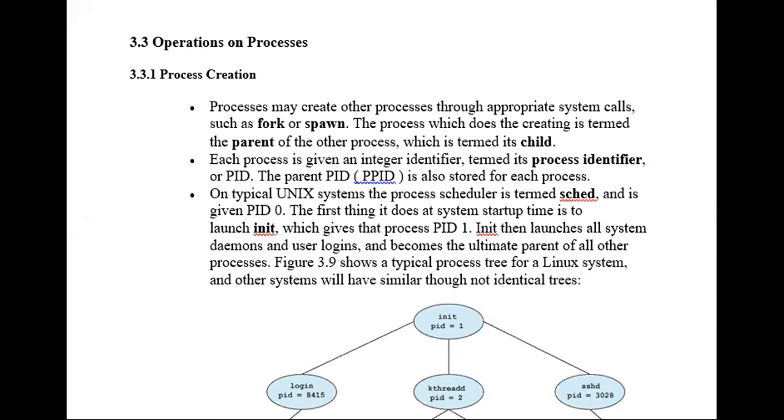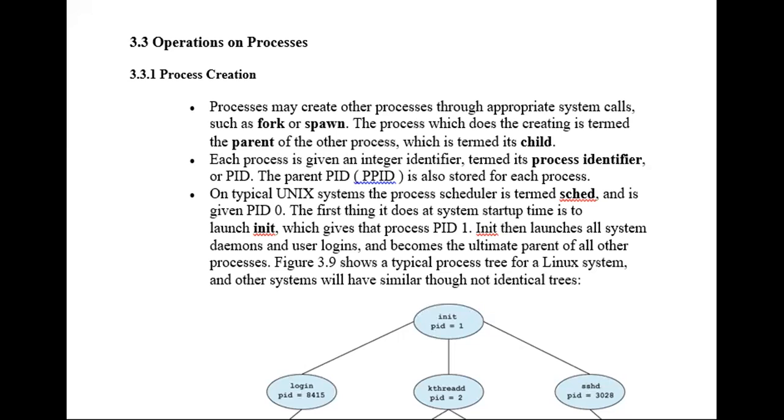Like that, any number of child processes may be created by the parent. The important point to remember is that each process, both parent and child, will be assigned a unique number called the process identification number or process identifier, or simply PID.